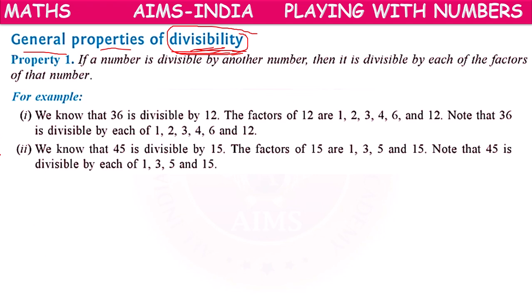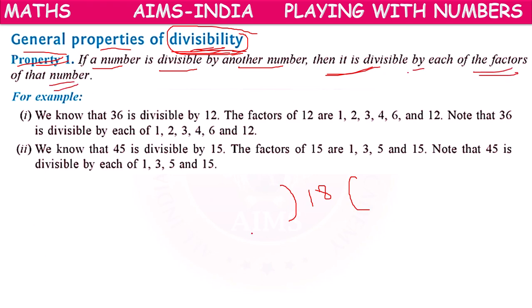Okay. So here, property 1. If a number is divisible by another number, like 18, if it is divisible by another number, then it is divisible by each of the factors of that number.